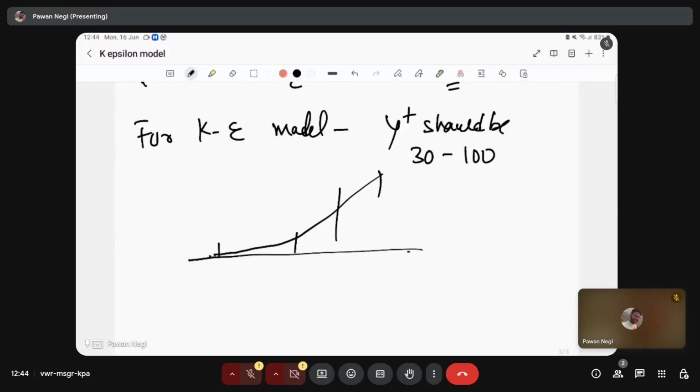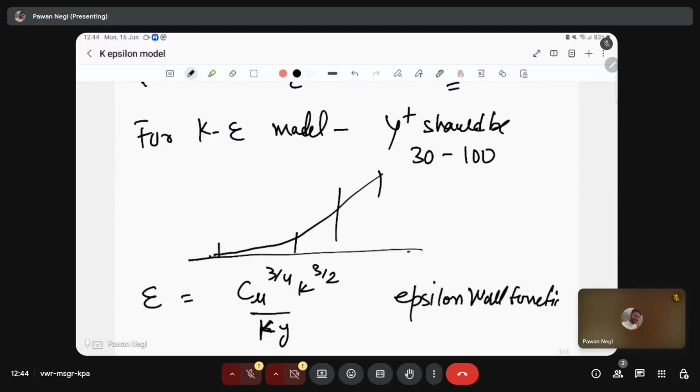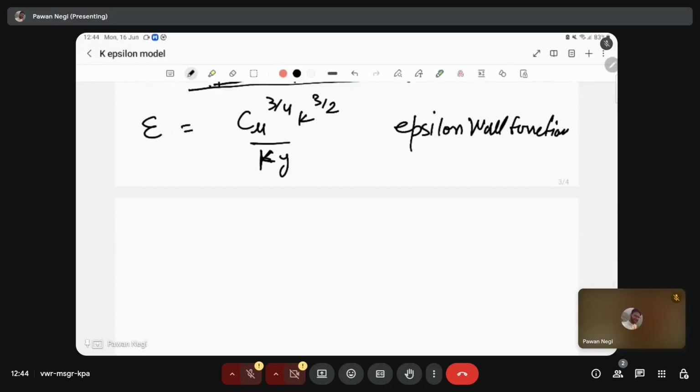The wall function for epsilon is given by c nu 3 over 4 k 3 by 2 over kappa times y, and this is called the epsilon wall function in OpenFOAM. Similarly, for the turbulent viscosity, this is used: nu t is equal to kappa times y times the friction velocity. This is also computed analytically.